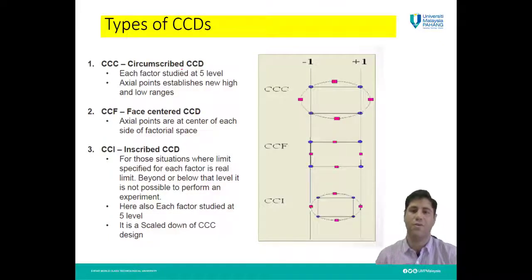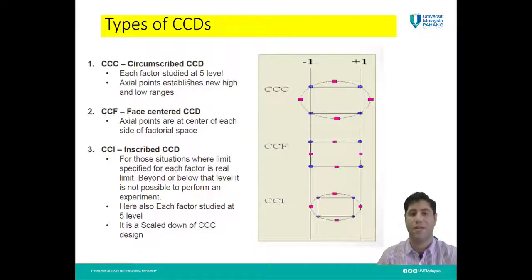We can also classify CCDs based on the location of the axial points. If the axial points are outside the factorial design space, we call the design CCC, or circumscribed CCD.